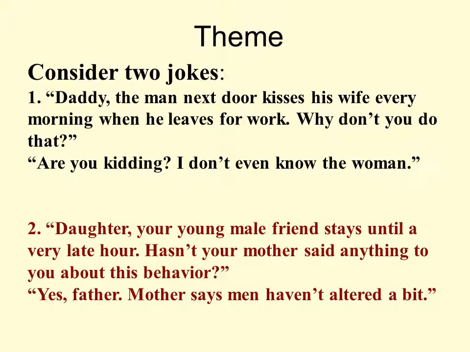There's some truth that is being expressed. Perhaps it is something that as people grow older, they tend to become more conservative, or perhaps it is parents frequently criticize children for things that they did themselves when they were younger. Whatever it is, that truth is a theme of the joke.